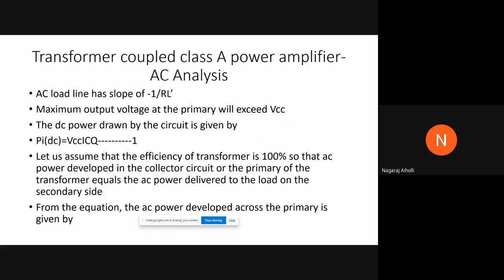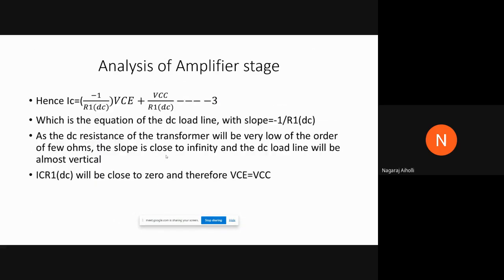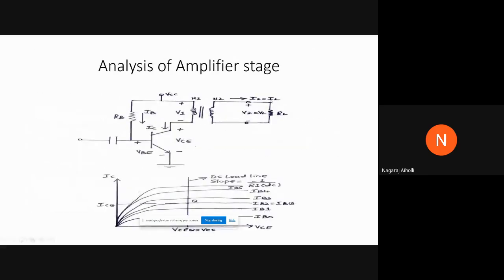That is, if we consider the circuit here, this is the power delivered to the load RL, that is equal to the power output. So if the two powers are equal, then the efficiency will be 100%, because efficiency is output power by input power, and both the powers will cancel because both of them are equal, and hence the efficiency will be 100%. Yes or no?